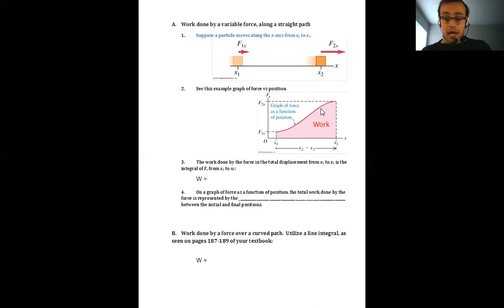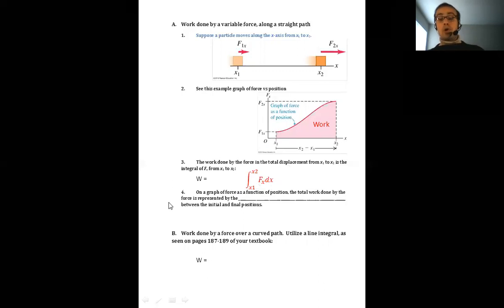As this is a calculus-based physics class, whenever you hear the words area under the curve, alarm bells should start jangling in your head and you say, all right, that means I'm going to be taking an integral. So work is defined as the force integrated between these two bounds, x1 and x2, and these again are your limits of integration, x1, x2, and there is your integral.